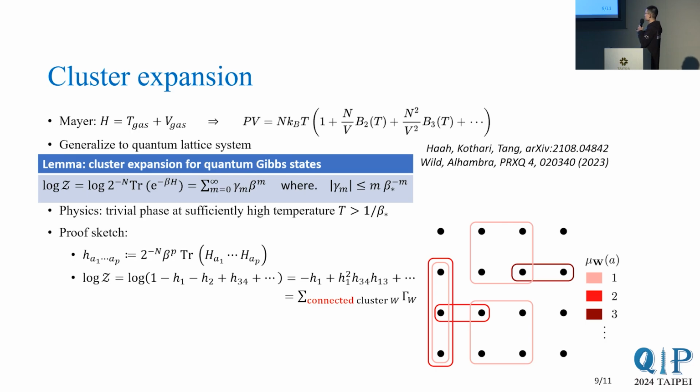For example, the cluster on the right is disconnected because it has non-overlapping support on the qubits. And after that, the most technical part is to count the number of connected clusters. And for each cluster W, one bounds this gamma W using the simple bound on the small h. If you can do this, then you are done with this lemma.